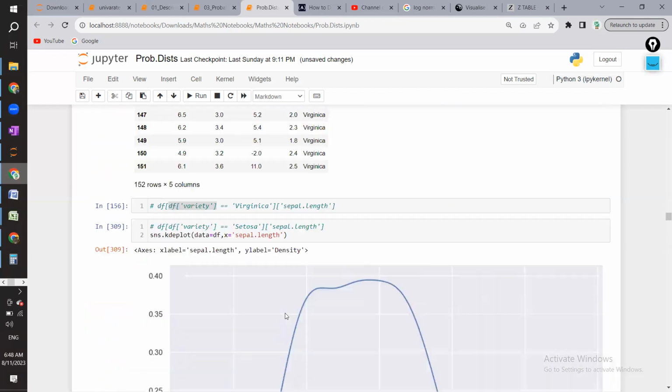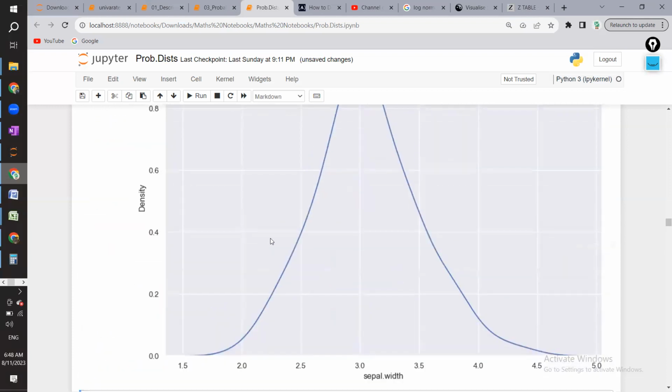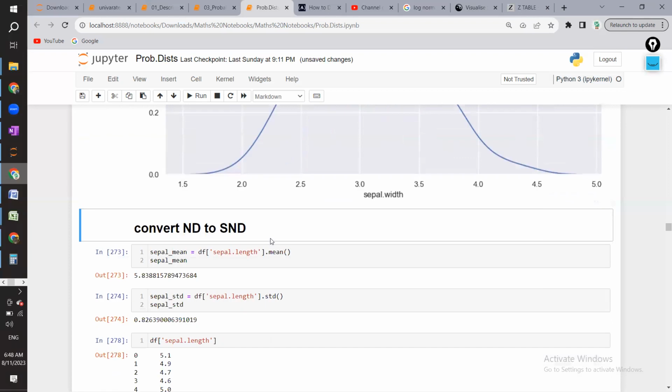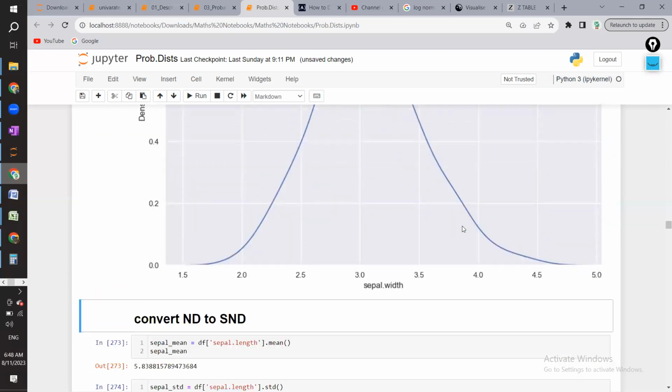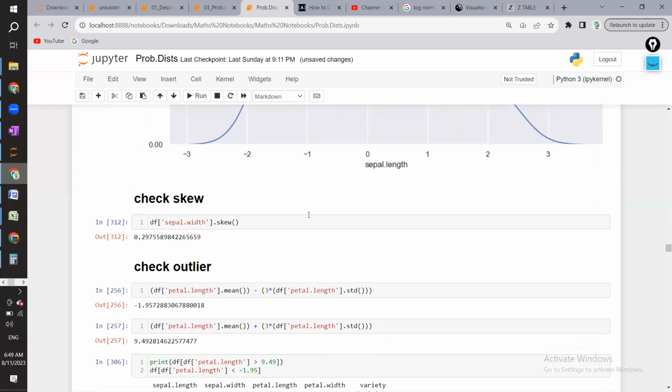What does sepal width look like? Let's see. Yes, this is almost looking like a normal. So this is how to calculate the skew. It's very simple. Just data frame dot skew will give you the skewness.